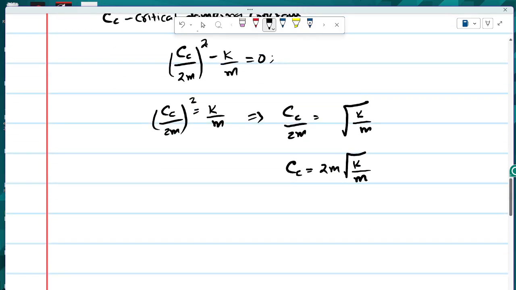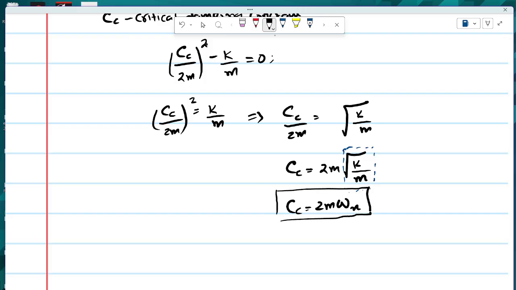And we know this k over m gives the natural frequency of a system. So we can write it as Cc equals 2m omega n. So in order to find the critical damping value of any system, if you know its mass and its natural frequency, you can find what amount of damping you need to keep the system stable, to avoid any oscillations in our system.